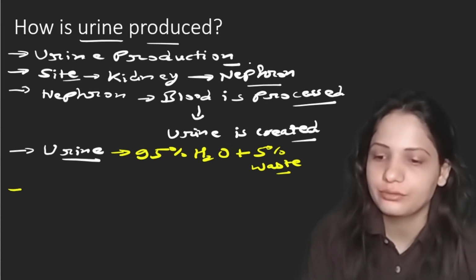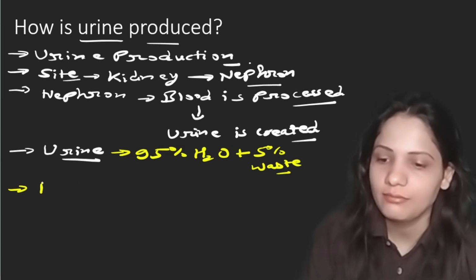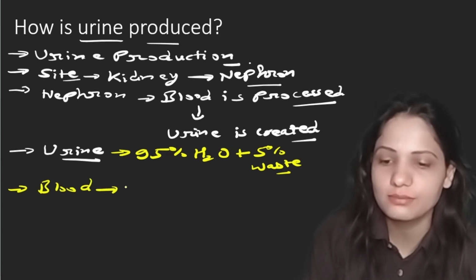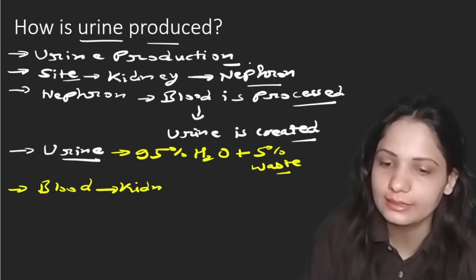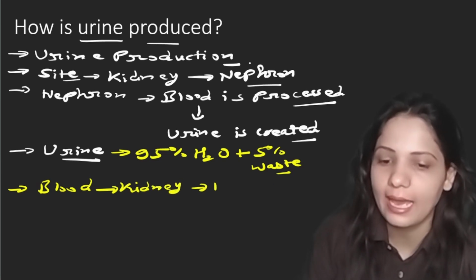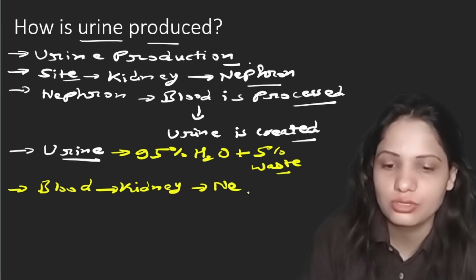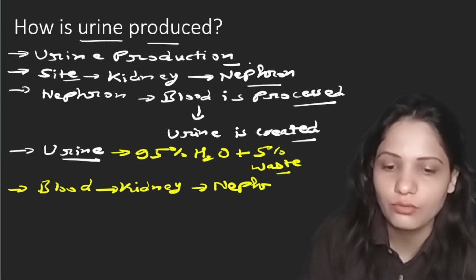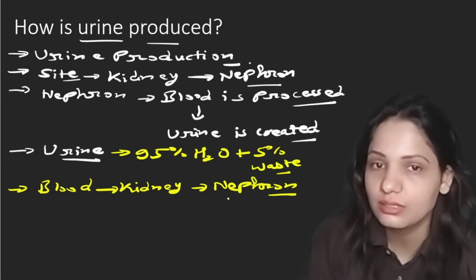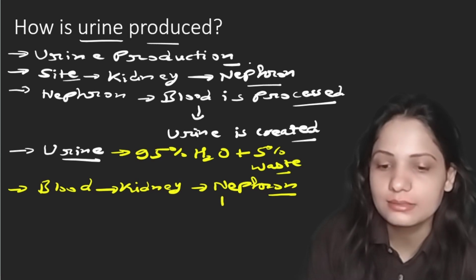What is the scenario here is we have blood in our body, and this blood enters into the kidney. Then inside the kidney we have specialized structures, nephrons, which are millions in number. Then this blood enters into the nephron.